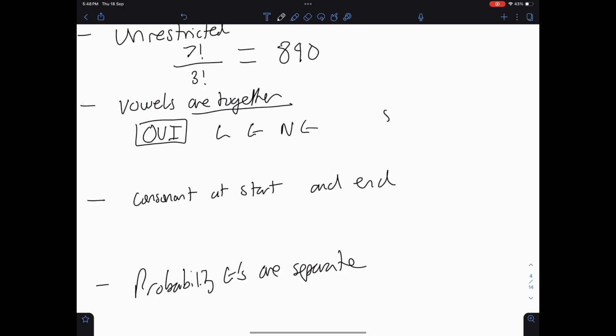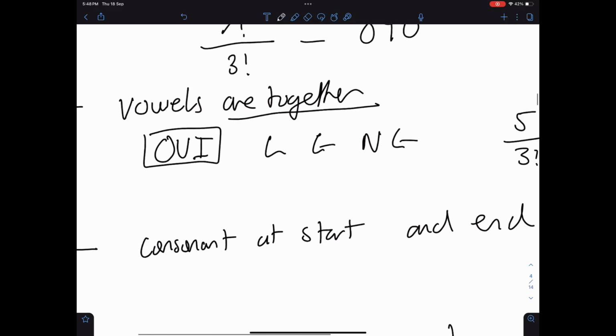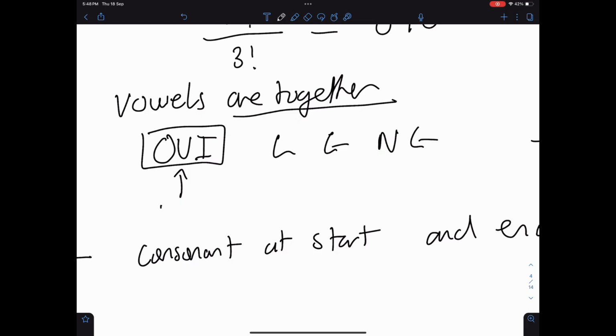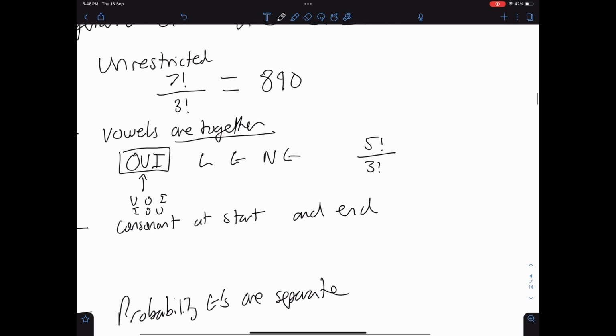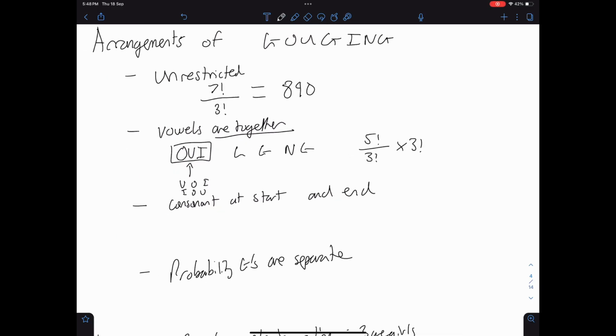So we've got 5 factorial over 3 factorial, because vowels, 3 G's and an N makes 5, and 3 repeated G's. But remember, we could also do UOI or IOU or something like that. So then we have to, in fact, multiply this by 3 factorial. So that'll give us 120.